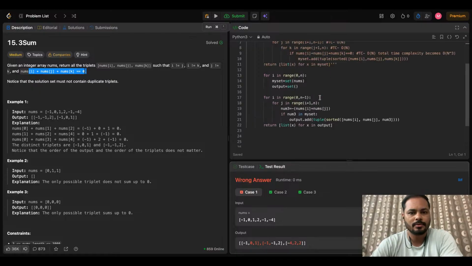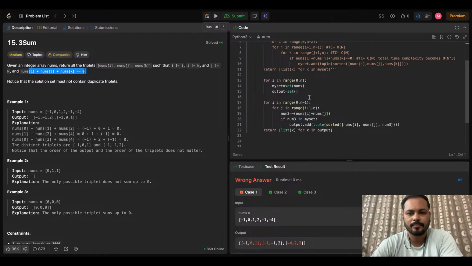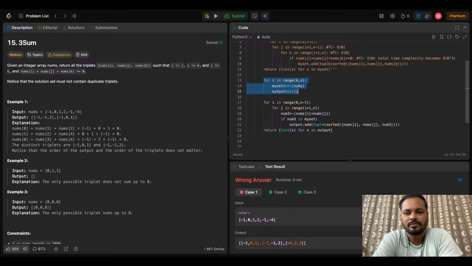What we did was convert these nums, which is a list, into my set, where my set will be a set. I've taken the output also in the form of a set.